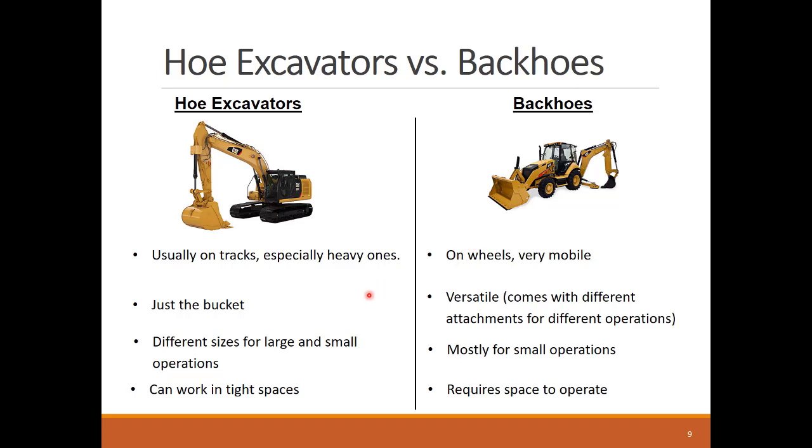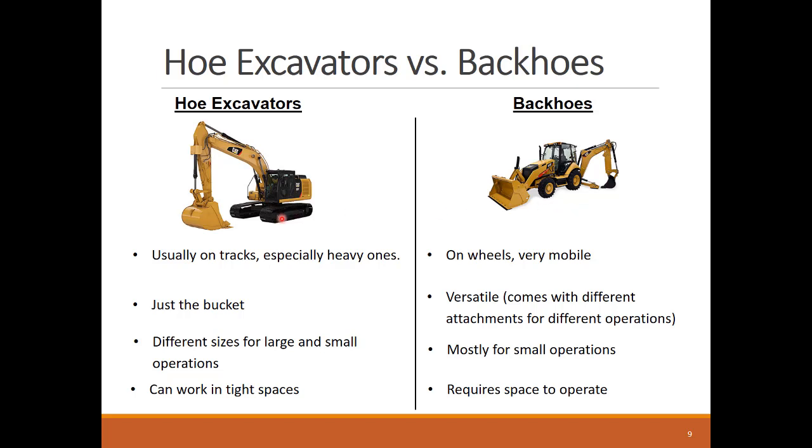Hoes are equipped with only a bucket or another type of attachment. Back hoes have a loader style bucket and a hoe arm with a small bucket on the back. The combination of the loader and hoe buckets makes the back hoes versatile for different work requirements.